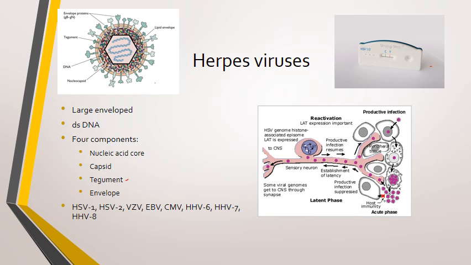A double-stranded DNA genome that is surrounded by these proteins that are called the tegument. So you have the genome in the center of the virus. Surrounding the genome is a nucleocapsid.